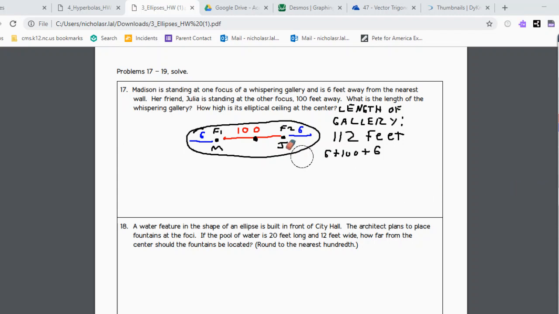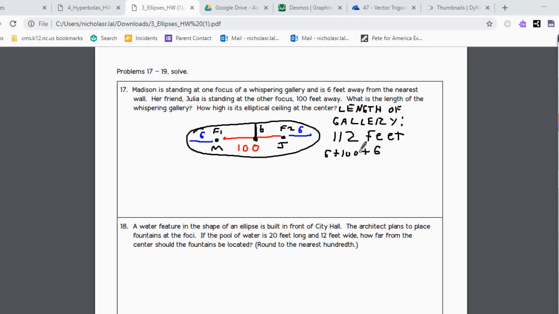So actually what I'm going to do is draw that 100 below so this can be properly labeled. The distance from the center to the top, that's what we're trying to find, and that length is going to be B, the semi-minor axis.